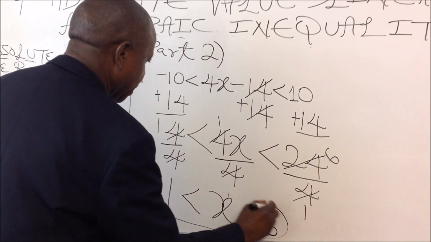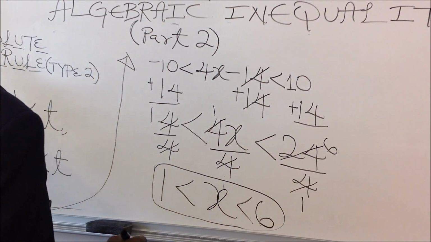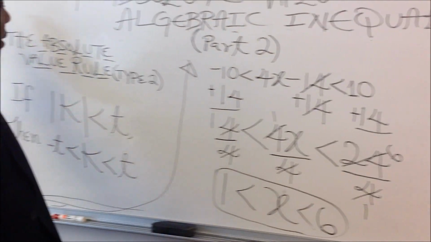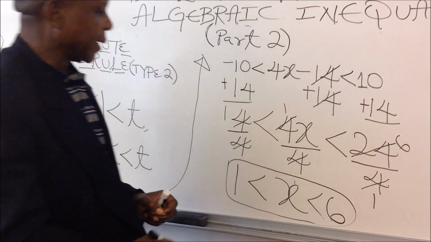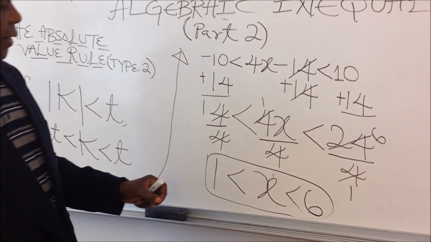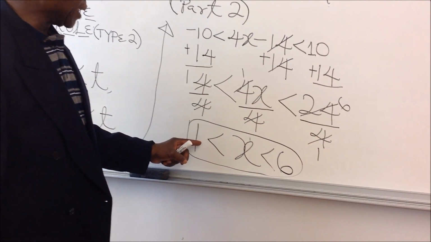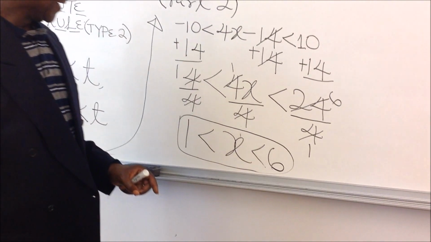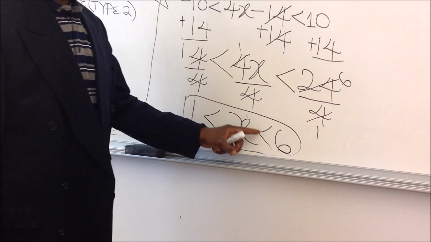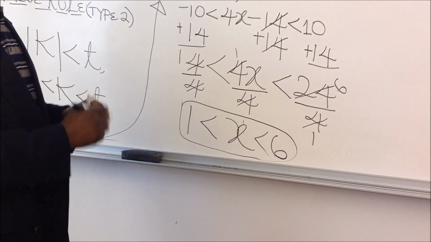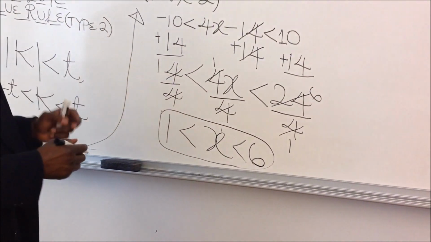So this will be the solution to this absolute value inequality, in the sense that the solution will be every number that is between 1 and 6. Numbers that are greater than 1 but less than 6 are solutions to this absolute value inequality.